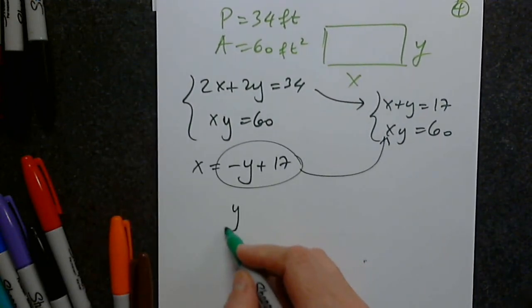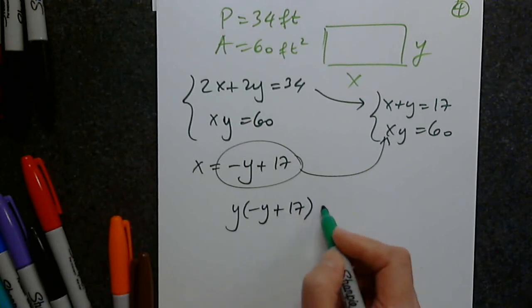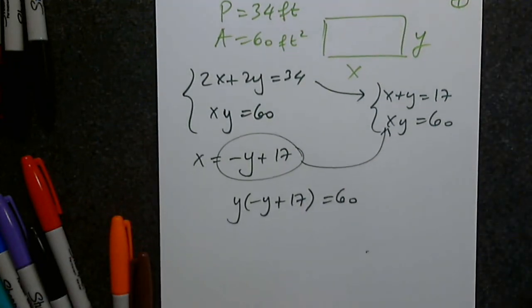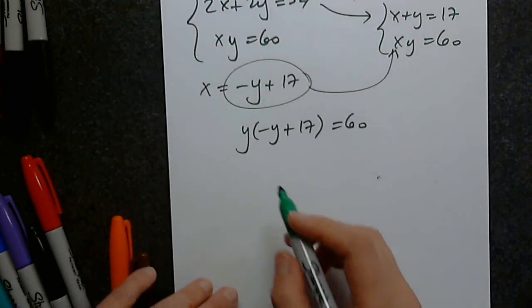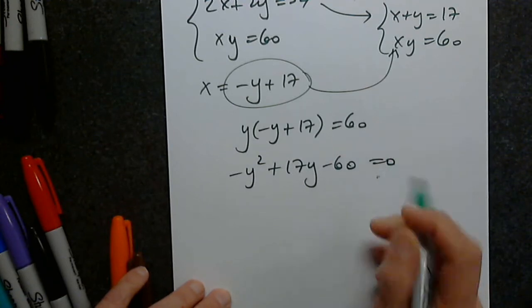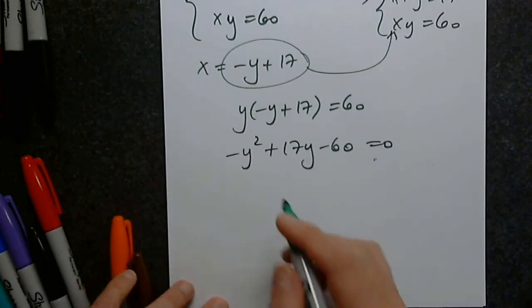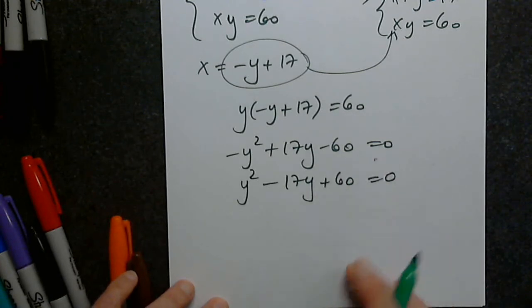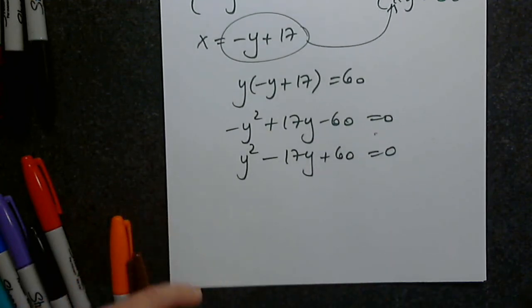So y times negative y plus 17 equals 60. So negative y squared plus 17y minus 60 equals 0. Or y squared minus 17y plus 60 equals 0. So I hope that we can factor this quickly. If we can't, it's okay. We can always use the quadratic formula.